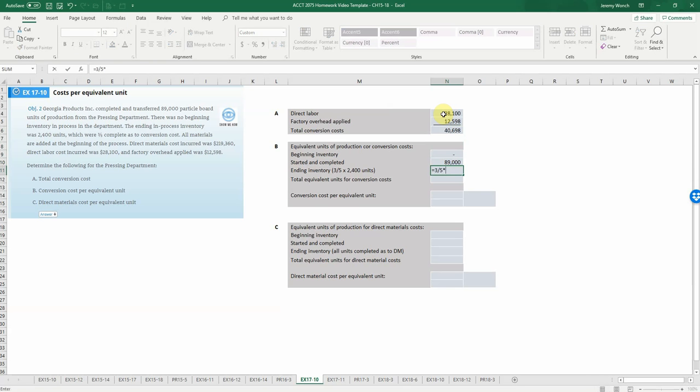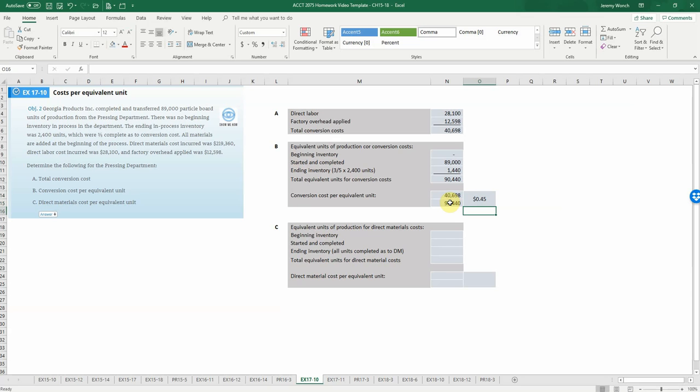So if we take 3/5 times 2,400, we have equivalent units of 90,440. We know our conversion cost, which we calculated up here, and we have our equivalent units. We just divide our cost by our equivalent units to get 45 cents per equivalent unit.